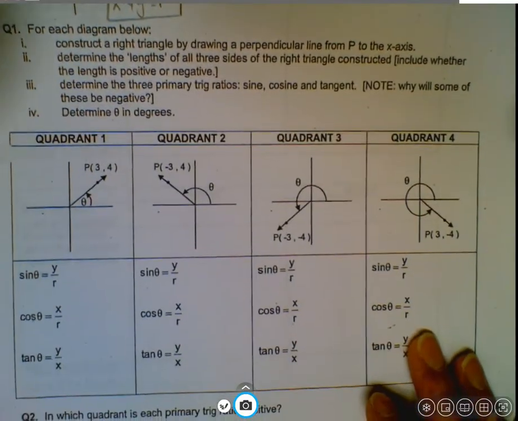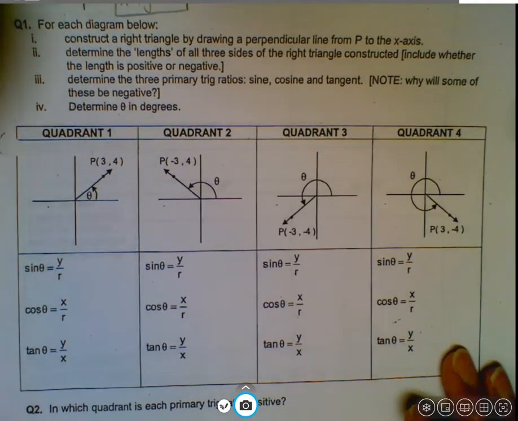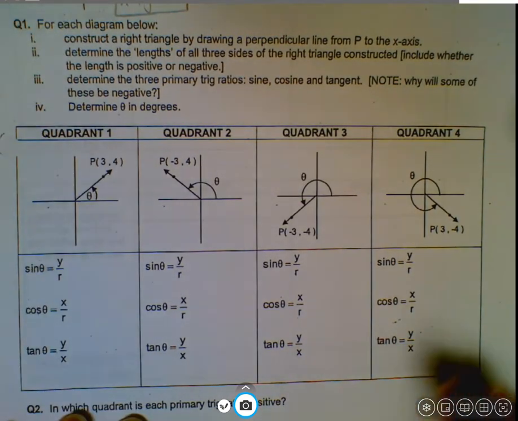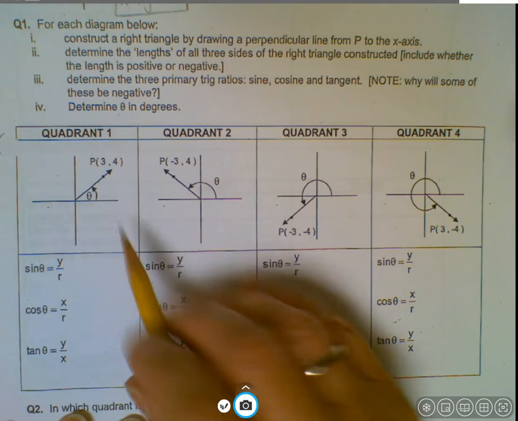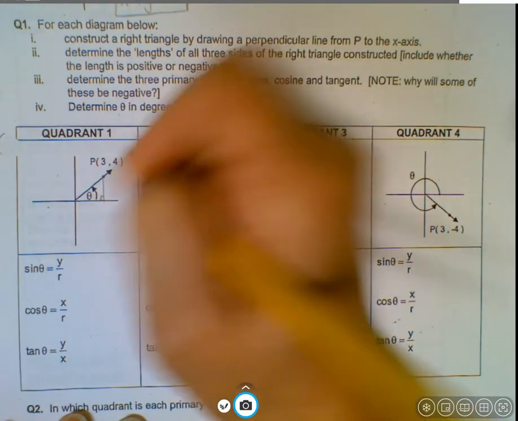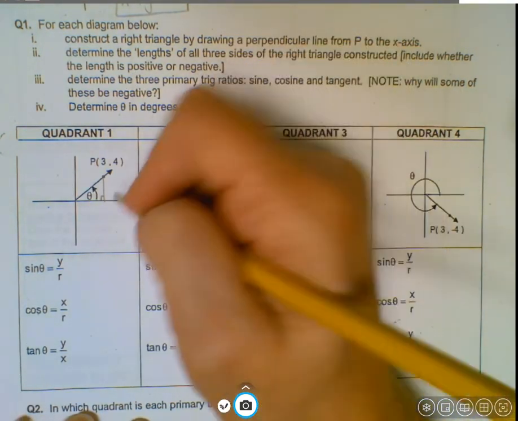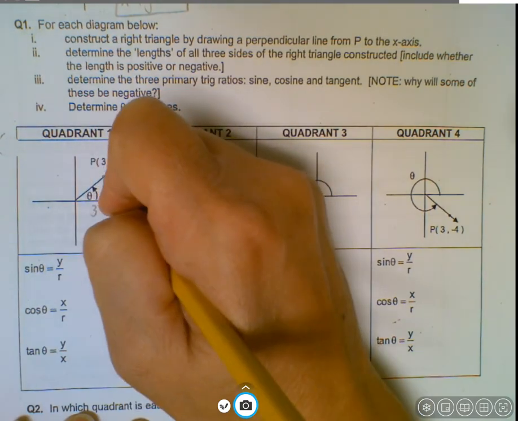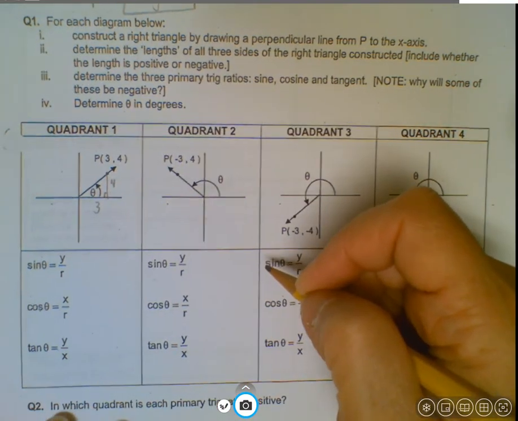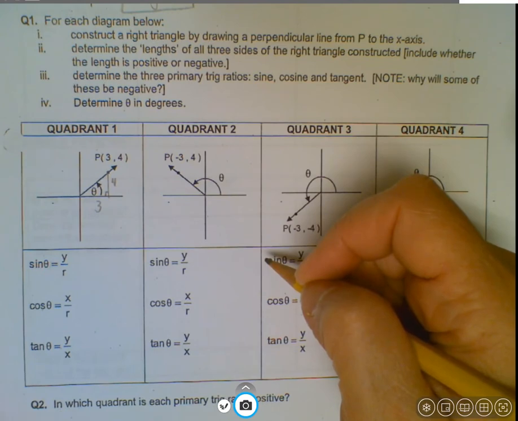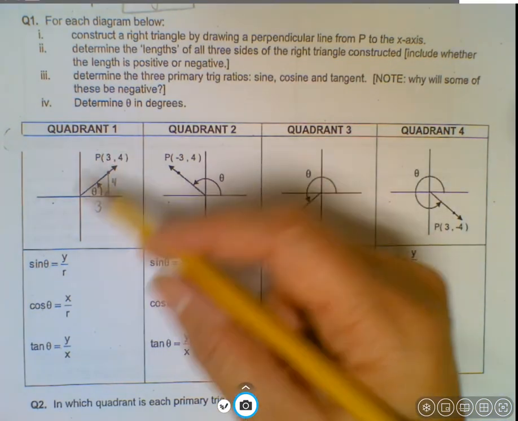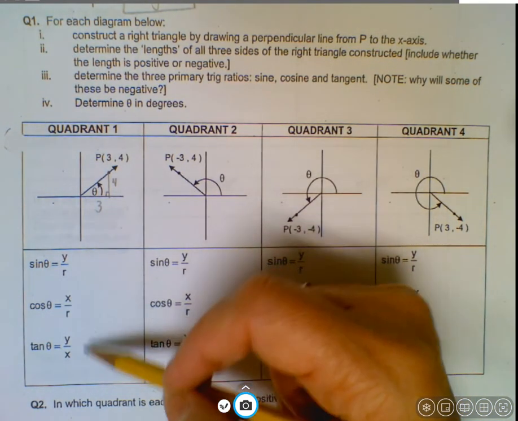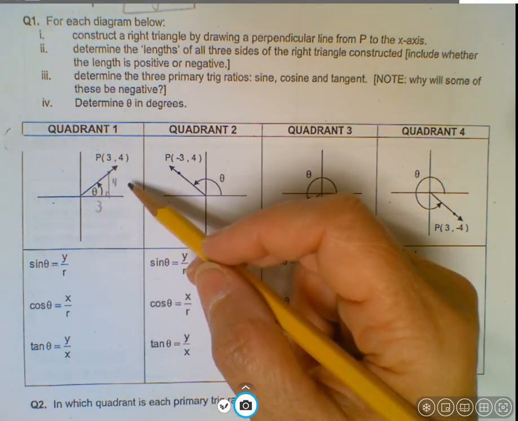Okay, this triangle is in quadrant 1. Now, let's do this again. So for quadrant 1, this is the triangle right here, but now with numbers. So it's 3 units across and 4 units up. Remember when I said we're going to draw a diagram for every question? So here we are. This diagram we have to draw for every question. So we're going to use this diagram here.